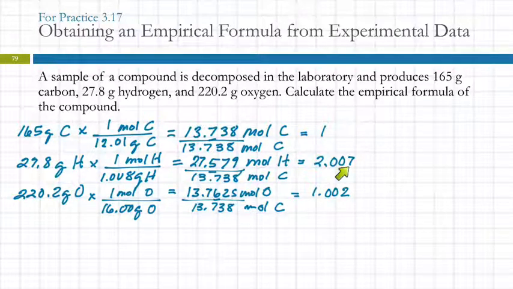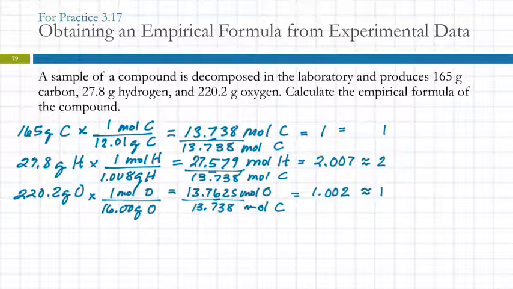What I'm trying to find here are small whole numbers. These are extremely close to whole numbers, definitely within 0.2, right? So I can round those. I can round this to 1, and I can round this to 2, and that one is just 1.